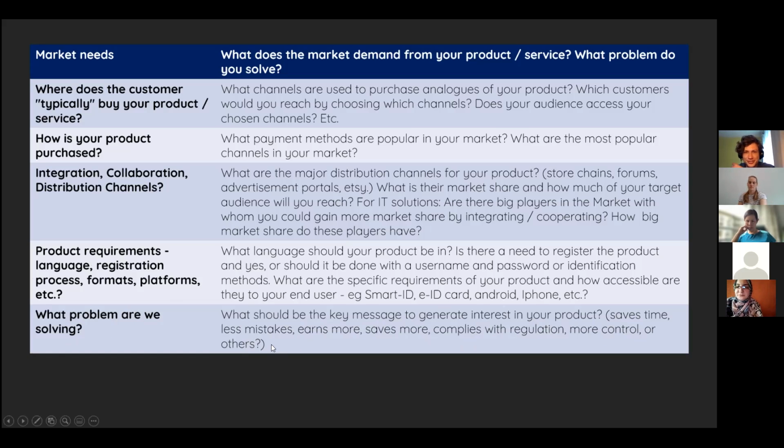There are some commercials, for washing powder or a washing solution for your clothes, that usually say it will be 100% clean, all white clothes will be whiter, and so on. So these are the things that you should consider as well, and what are the key messages that would allow you to generate interest in the product. And basically this key message is essentially the problem that you are trying to solve.